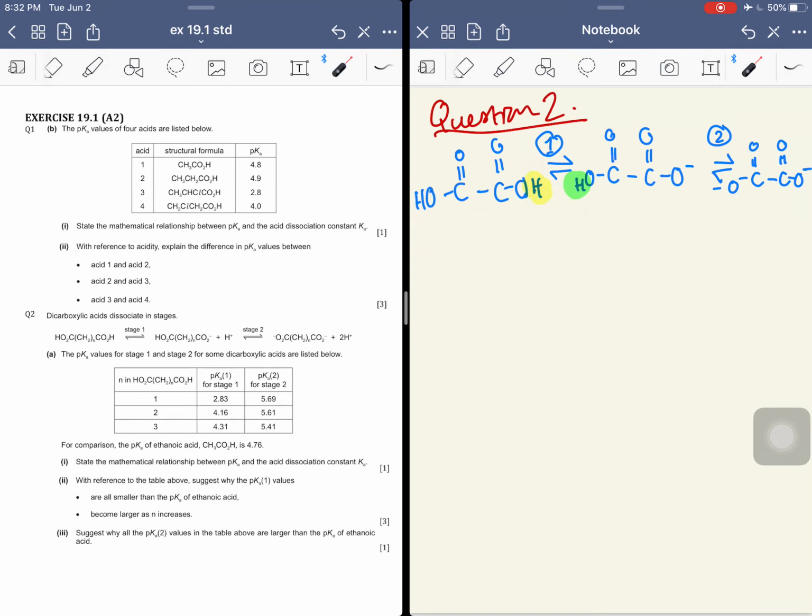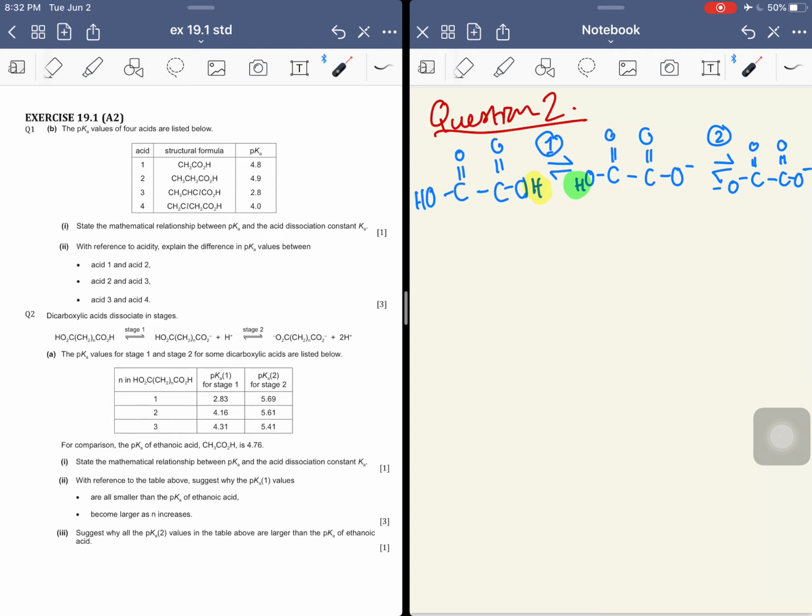That doesn't matter, but the one thing that you should notice from these two numbers is that removing the first hydrogen ion is more acidic than removing the second hydrogen ion. This has something to do with the stability of an ion. Of course, the pKa value will tell you about the stability of the anion.